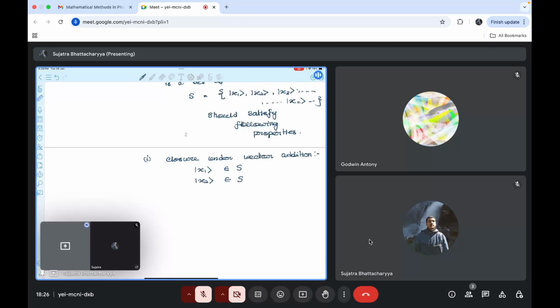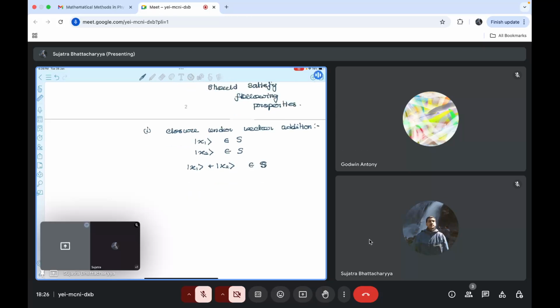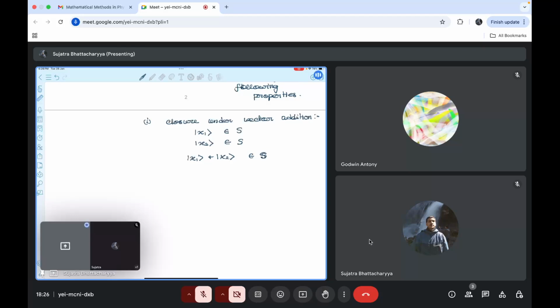Closure under vector addition says that if you add these two vectors, x1 plus x2, that should also belong to this space S. So x1 plus x2 should also belong to the set S from where x1 and x2 are coming. So the same nature which x1 and x2 follow, x1 plus x2 should also follow. That's all. Number one property is this.